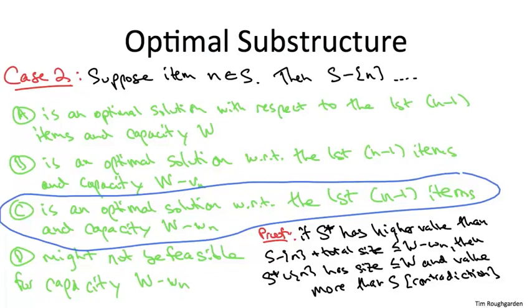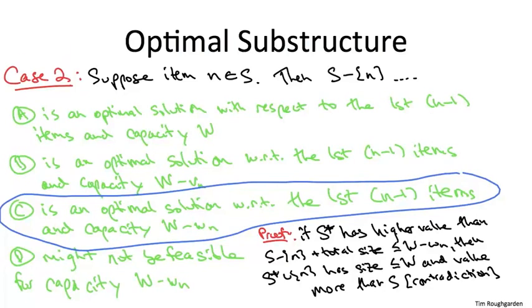And if S star had more value than S with n removed, then S star with n included has more value than S. So for example, if S had total value 1100, 100 of which was coming from the nth item, then S with n removed had value 1000. If S star was better, it had value 1050. Well, then we just put n back in and it has value 1150, which contradicts the purported optimality of S, which had total value merely 1100.